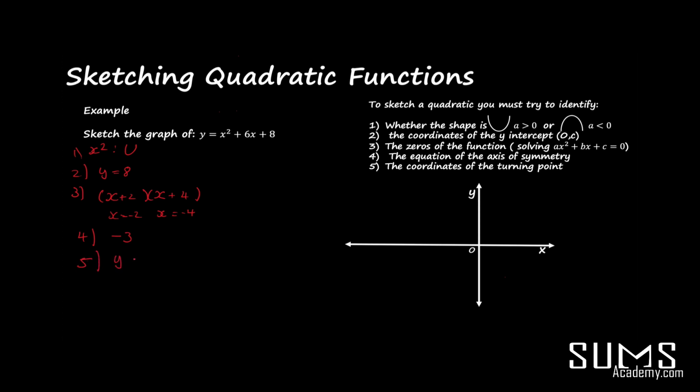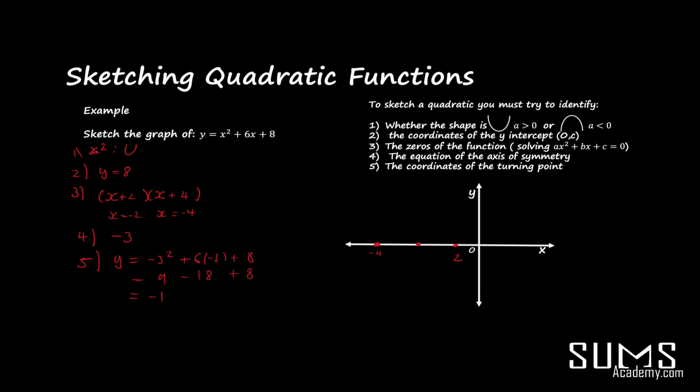Then number five, find the turning point. So y equals negative 3 squared plus 6 times negative 3 plus 8, which equals 9 minus 18 plus 8, equals minus 1. Now we need to sketch it. We've got a root here at minus 4, and another one here at minus 2.